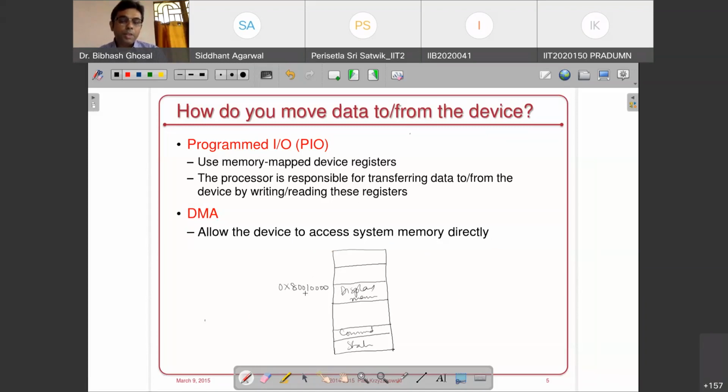Interestingly, when the CPU sends out a particular instruction for writing to a particular address, and the address that it is mentioning is not the address where your user programs run, they are special addresses. They are meant for devices.